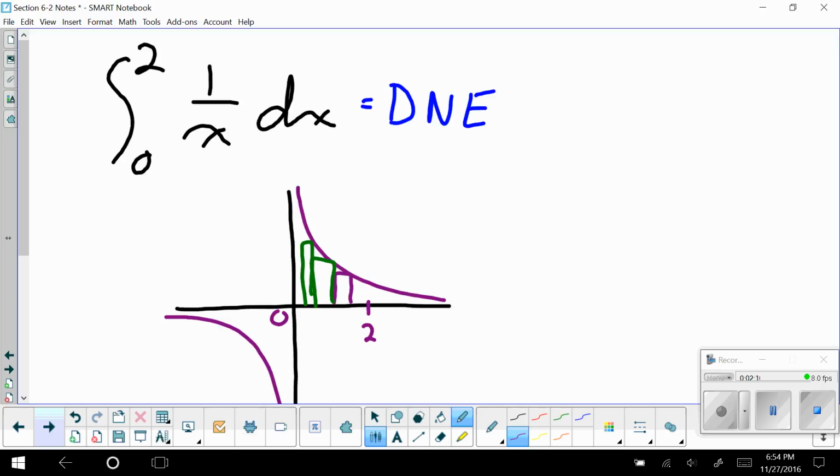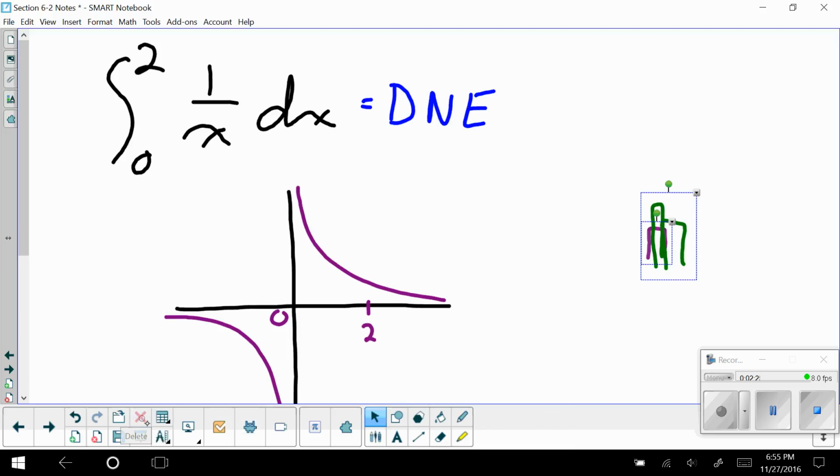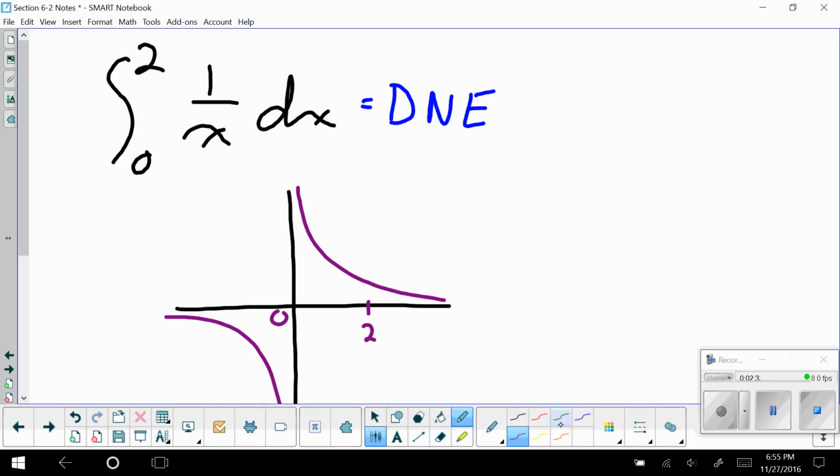If we look instead at the integral from 0 to 2 of 1 over x, I'll just clean up the picture a little bit here. This will not exist, and the issue has to do with the fact that we do have a vertical asymptote at 0. If we think in terms of RAM, if I were to do RRAM, there would be one rectangle, there would be another, and another, and so on.